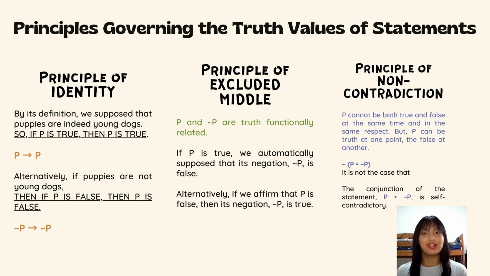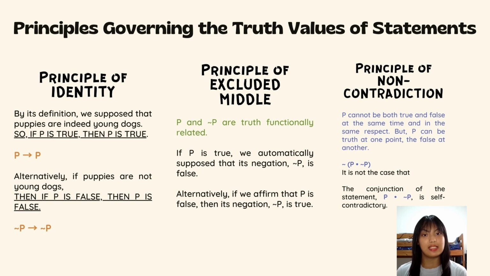The principle of non-contradiction. To simplify, also still with the use of the same statement, P cannot be both true and false at the same time and in the same respect. P can be true in one situation and false in another, but it cannot be true and false at the same time. So, puppies cannot be both young dogs and not young dogs at the same time, and in the same respect.